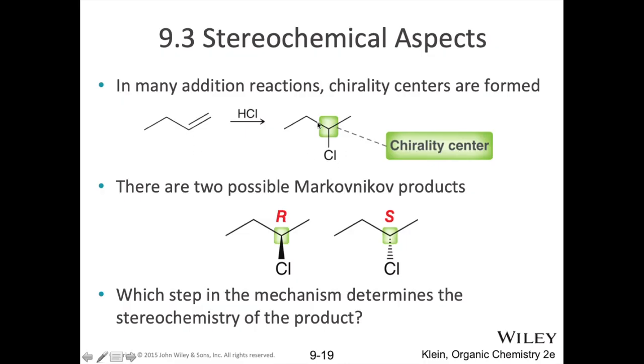Okay, so where that chlorine adds can give you two possible products. You could have the respective R or S enantiomers depending on which side that chlorine adds onto. Okay, so what side does that chlorine add onto? Well, where is the chlorine adding to?